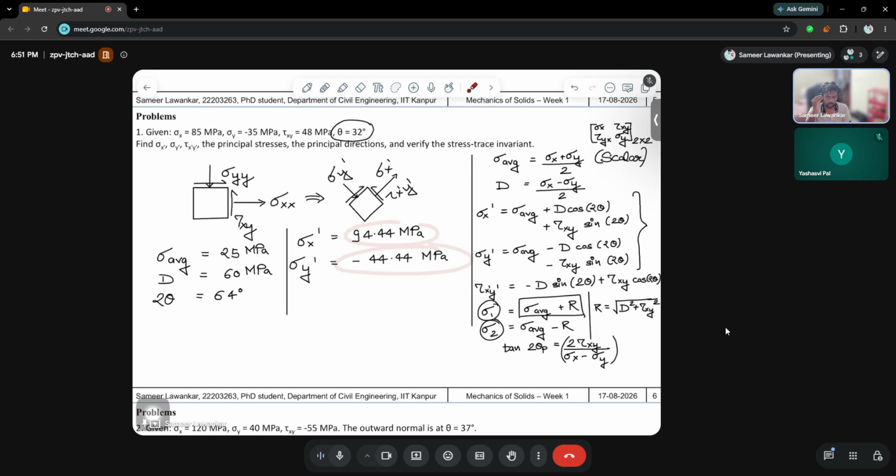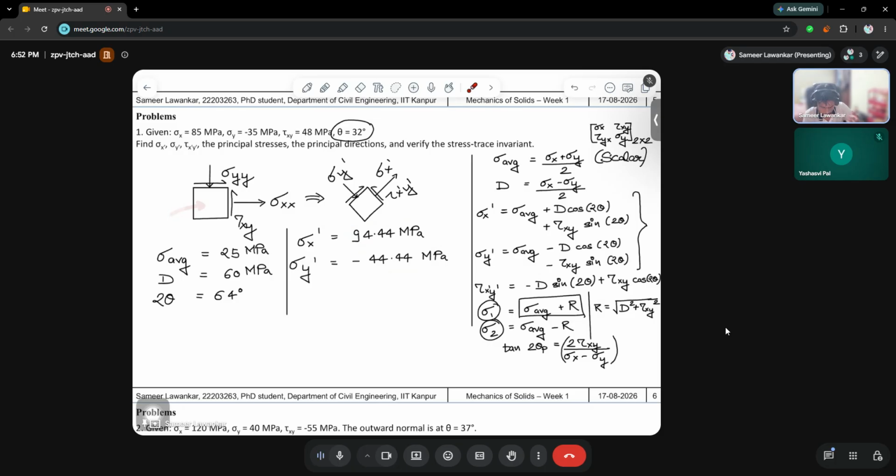You can visualize what is happening inside a material for a very small infinitesimal element. Now, if only shear strength is required, we will create a design in which the shear strength is very high. But if we require both, then we need to design with a somewhat different understanding. That is the main essence of understanding these different stresses which are acted upon.